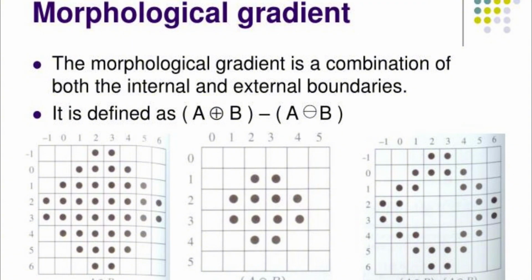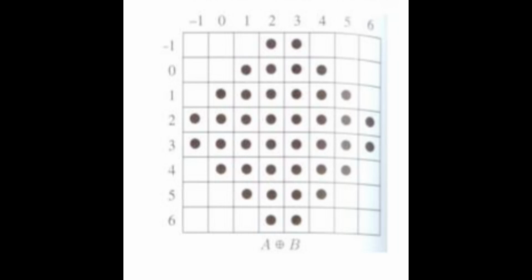We start with an input binary image denoted by A. In this image, the object pixels are represented by the white region, value 1, and the background by the black region, value 0. Our goal is to extract the boundary of an object using morphological operations. The first operation we perform is dilation, represented by A ⊕ B. Dilation expands the bright region in the image.